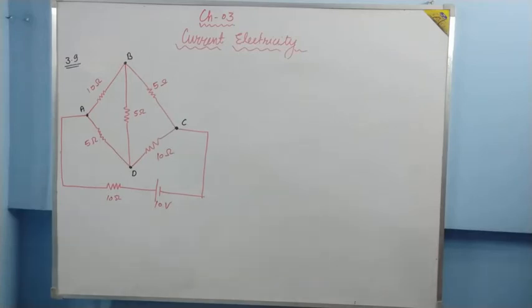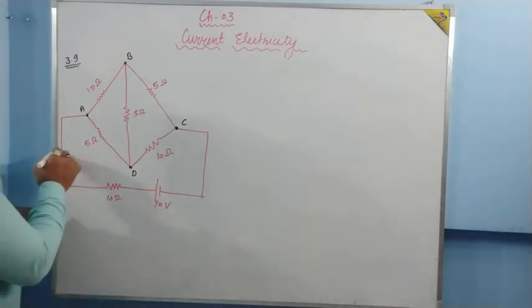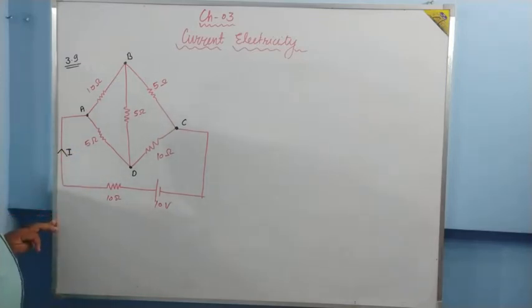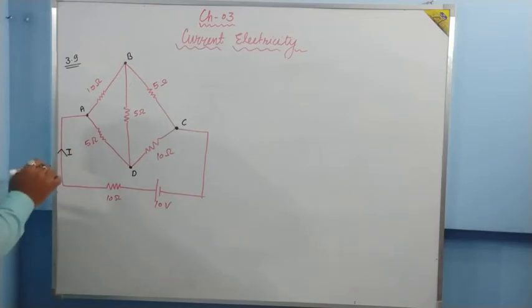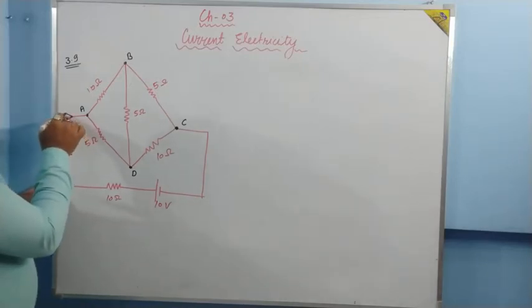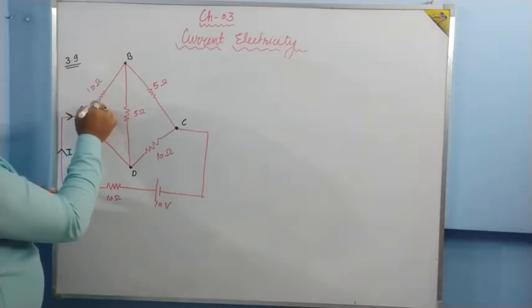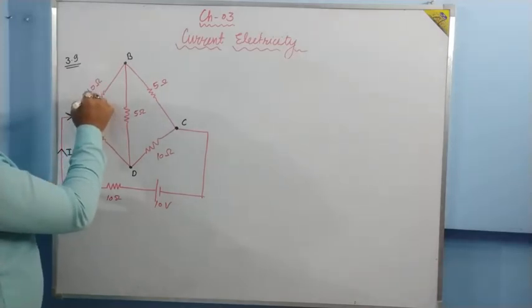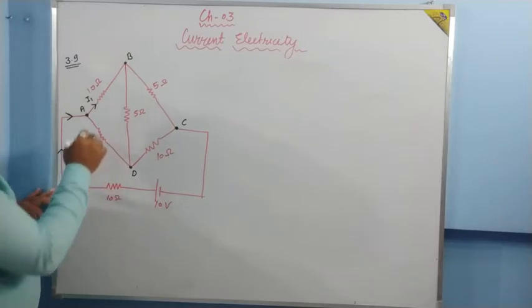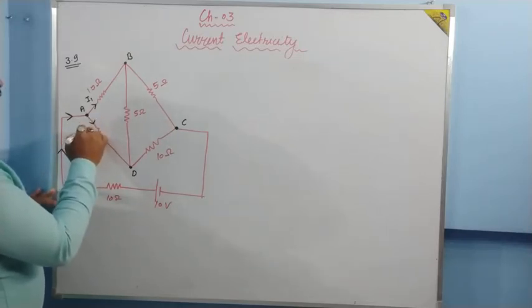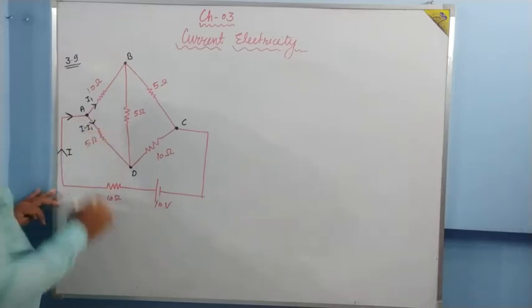Okay, let us solve. Let the total current flowing from here be I. The current I comes at this junction and it will divide. If this current is assumed to be I1, then this current needs to be I minus I1.